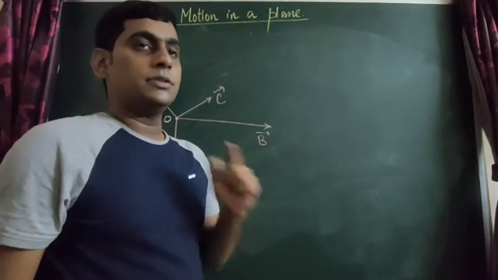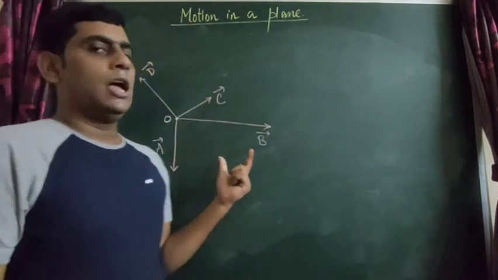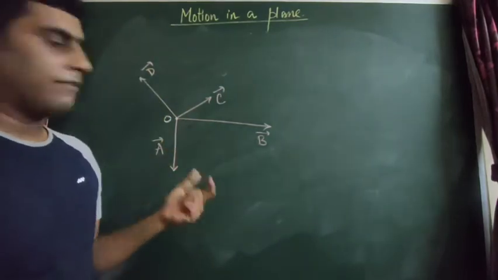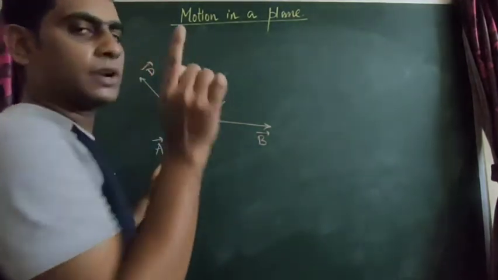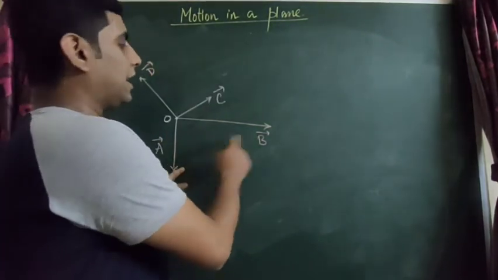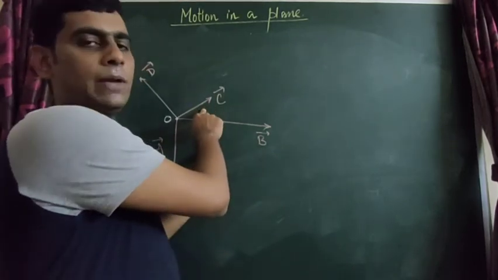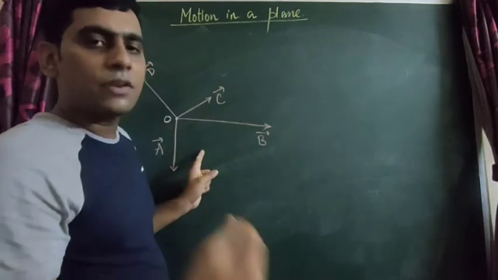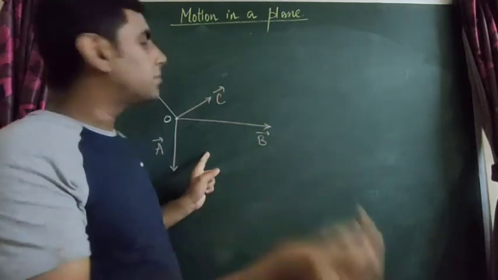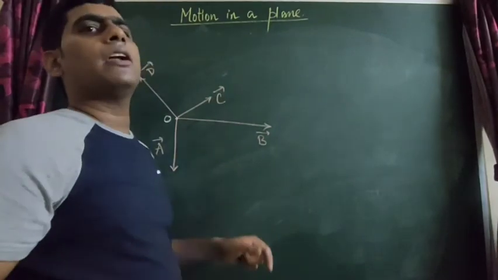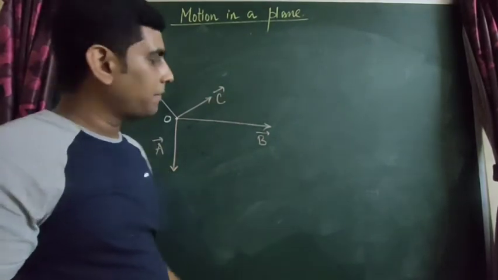How to add? The rule is that first I have to take two vectors. If I add any two vectors, I will get a resultant of that. Suppose I add A and B, so I will get a resultant of these two vectors. With the resultant, the third vector C will be added, I will get another resultant, and with that resultant I will add D, and I will get the final resultant. So if there are a number of vectors, we can add like this.